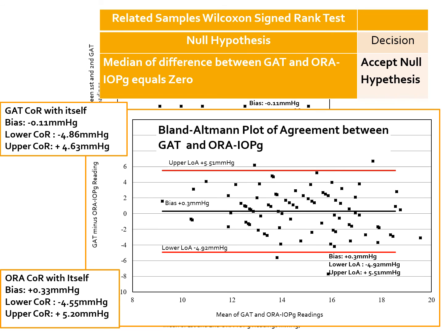When we do the Wilcoxon signed rank test, we accept the null hypothesis: those two machines do agree with each other, and they're only 0.3 millimeters away in the bias. But it's the range, the variability in the system, that's really the problem, and that's a really difficult one to try to control.